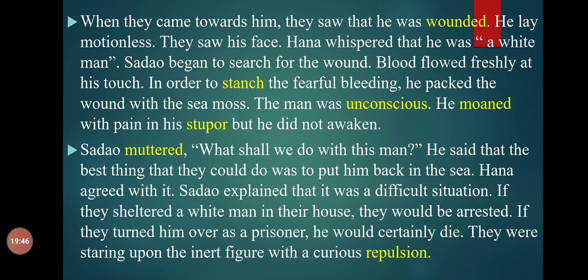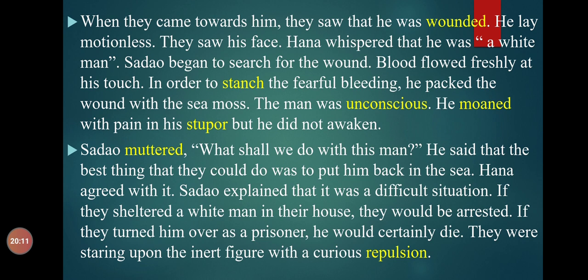Now, dear students, look at the difficult words used in this paragraph. First one is wounded. Its meaning is inflicted with a wound. Second difficult word is stanch, to stop the flow of something, especially blood. Unconscious, that means not awake or aware to respond.